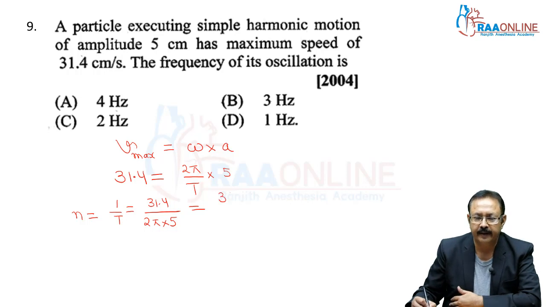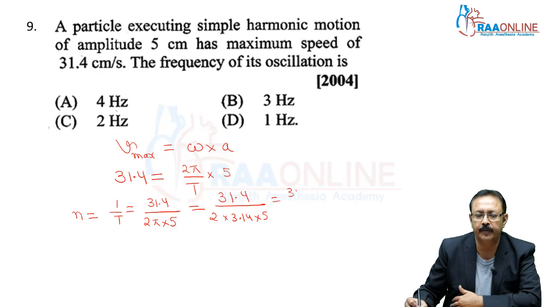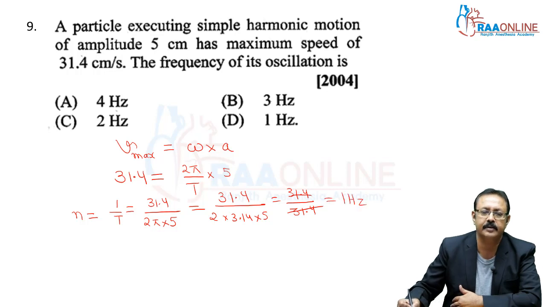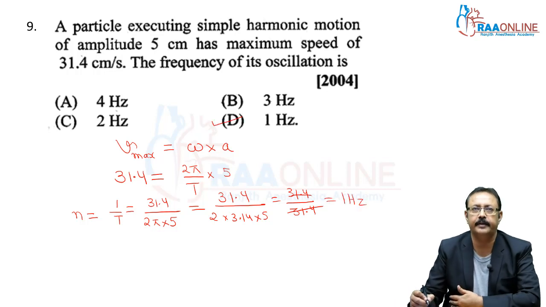The value of pi, you know, is 3.14. So 2 into 3.14 into 5. It means 31.4 upon 31.4. 5 into 2 is 10. 10 will shift the decimal and we will get 31.4. Cancel this with this. So what are we getting? 1 hertz. So we are going with option D.